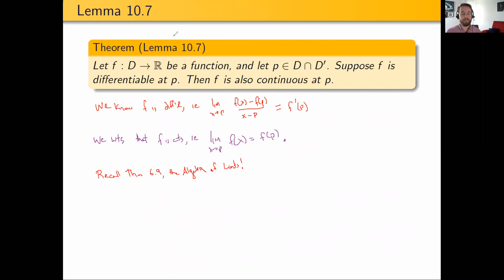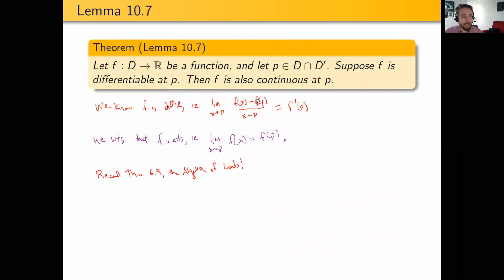This was the one that said that if you had two functions and you wanted to take the limit of, say, f times g, then the limit of f times g was equal to the limit of f times the limit of g, assuming that both f and g themselves had appropriate limits. Now, we can apply this not to an f and a g, but to this quantity right here, and an appropriate second quantity, which will be x minus p.